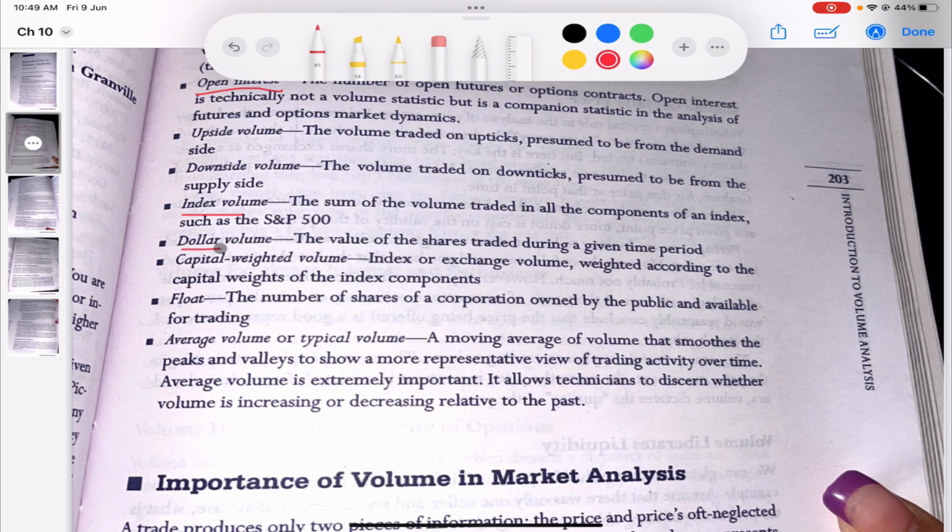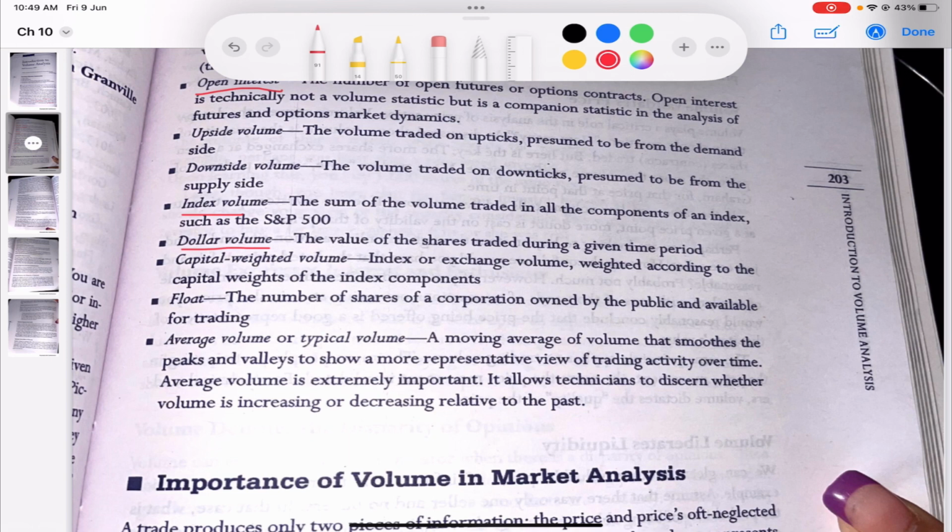Now we come to dollar volume. As you know, the dollar is the king currency, right? Almost every single thing is compared to the dollar index. If you think about the commodities market, it's often seen that metal prices are inversely related to the dollar index. When the dollar strength is going up, my metal prices go down. That is a common assumption, right?